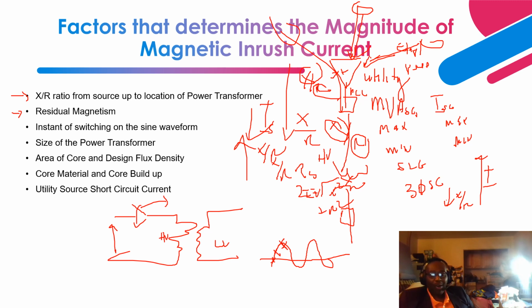For instance, if you don't have that scheme or device in place, and you switch off or de-energize the transformer at the zero crossing, what is going to happen? You will have a very high residual magnetism, because zero crossing is where the peak flux is located. So that is when you have that embedded residual magnetism inside the transformer.